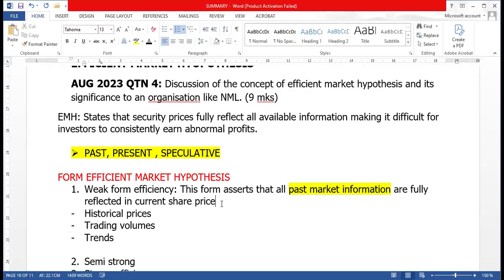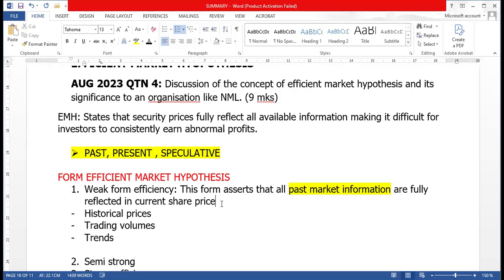So there is no need for you to go back and analyze such information. All of us as investors are comfortable that the prices we see currently reflect the past information, and that form is weak form efficiency.